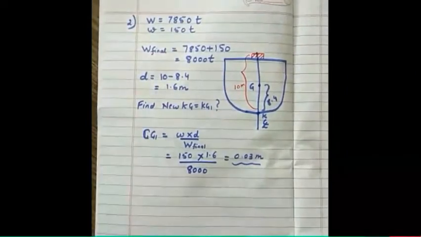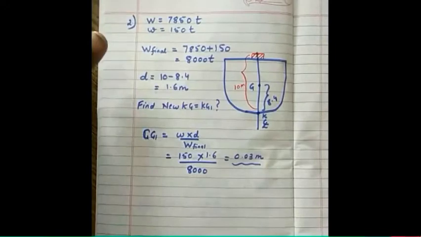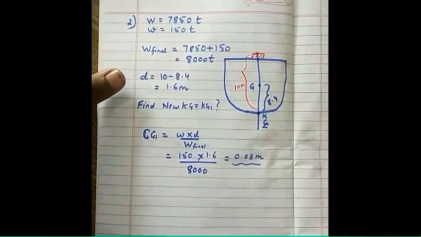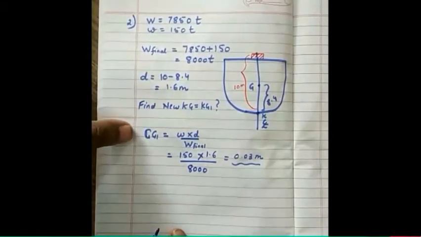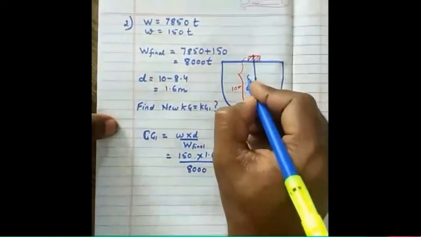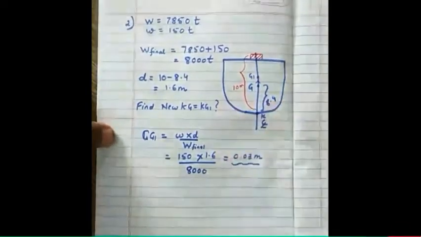So now you should understand the next thing. Now what the question is saying, 150 tons of cargo is loaded on the upper deck. That means G will go on the top side or it will come to bottom side? Top side, sir. So it will go to G1.